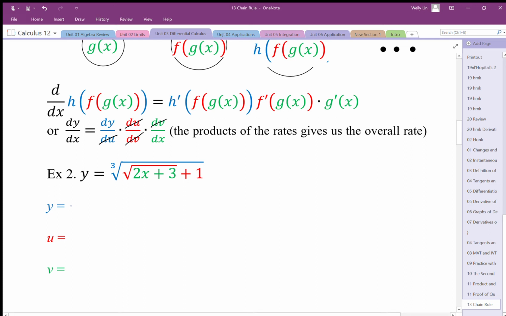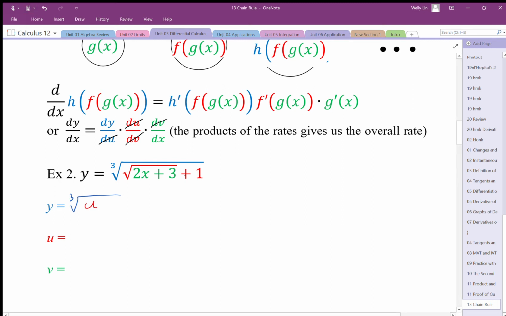So here, my outside function is going to be the cube root of u. Sorry, my mistake, this is a cube root function on the outermost side.